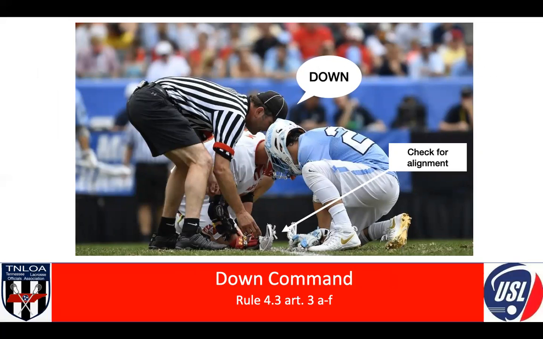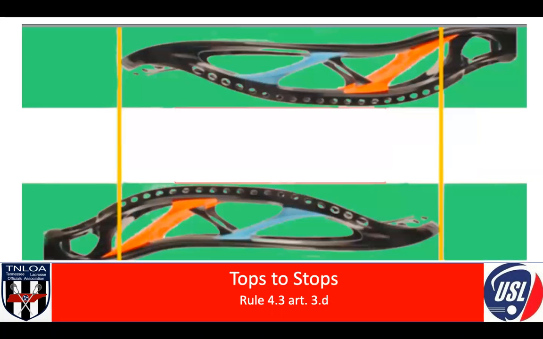So in this scenario, we could still use this with our COVID mechanic. We need to look for alignment on this. The big thing here is checking and making sure that their sticks are up and down and that they are tops to stops. On our down command, we need to make sure that they're legal. Consistency during face-offs will alleviate violations after the face-off has begun.